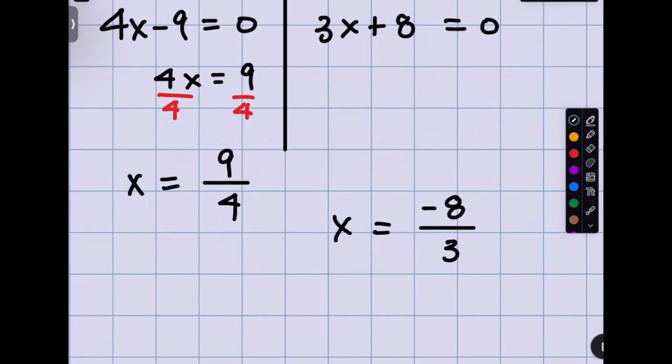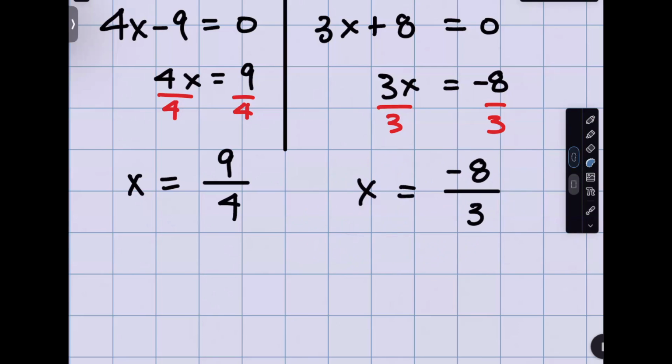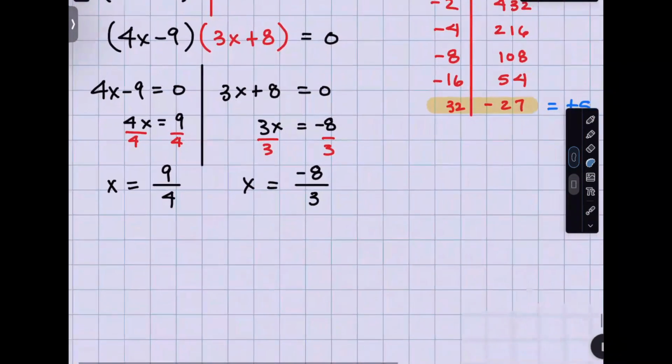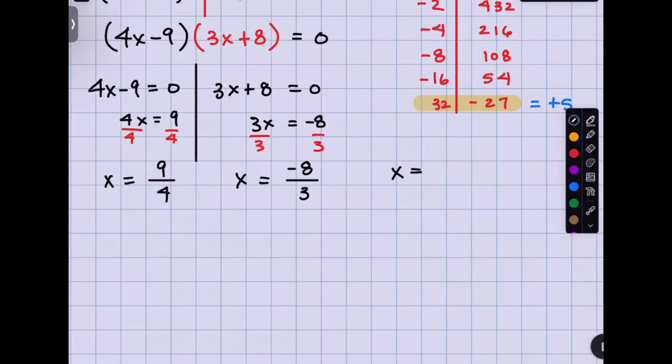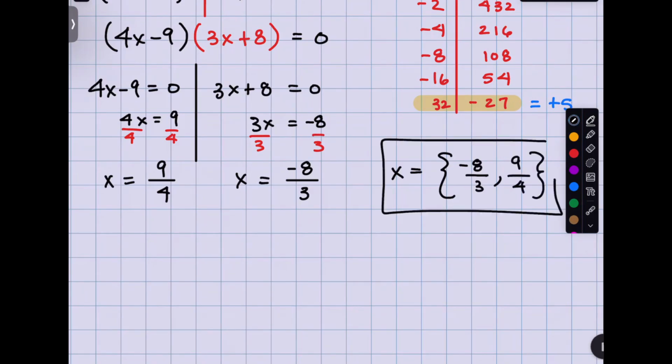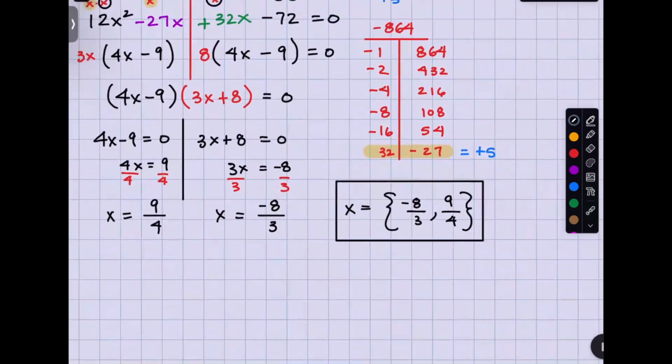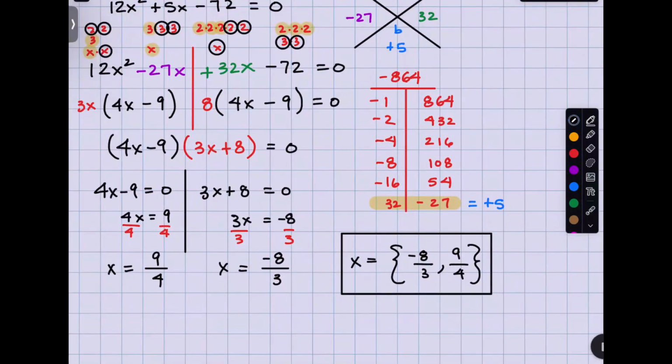Because if I move the 8 and I divide by 3, right? Okay, that makes a circle. Questions?